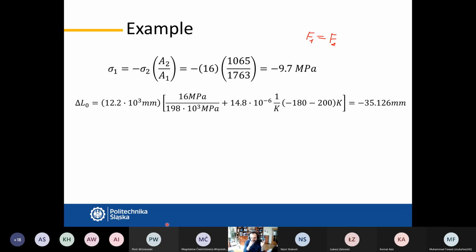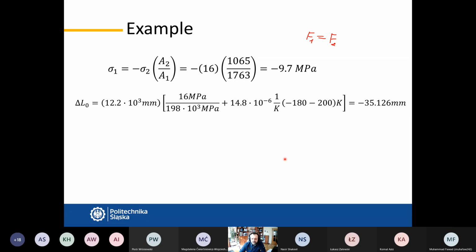And now we have to determine at such stress levels what should be the K spring. This is the only unknown quantity that emerges here. The elongation of the system, or change in length of the system, can be calculated on the basis of initial length, on the stress generated, and on the basis of the material data and change in temperature, as we have this formula in the previous slides.